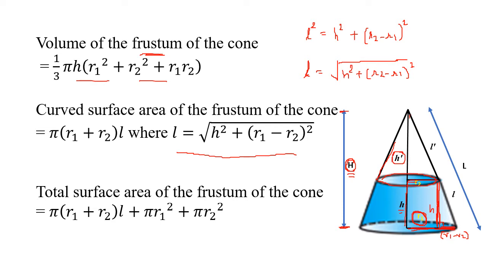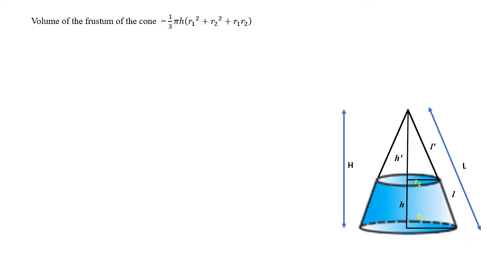and radius is r2. Okay, now you can see I have taken the height of the frustum as h, and the top cone as h prime. So I have certain relationships which we are going to derive. So let me write it here. If you can see, the total height h equals h prime plus h.